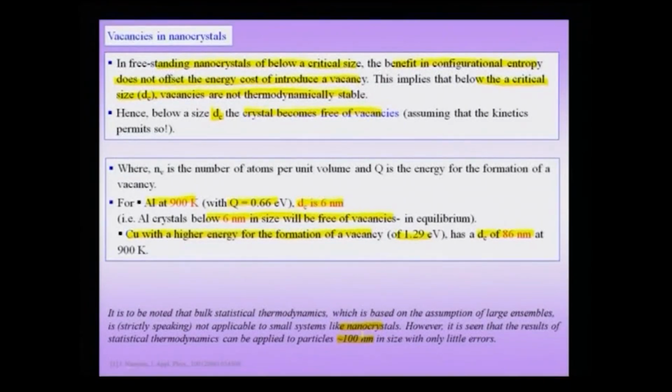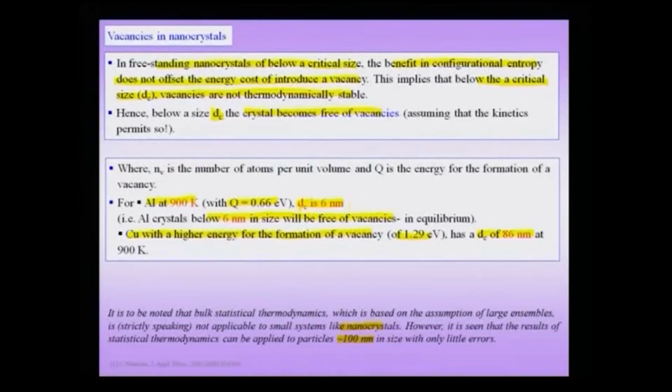The answer is obviously no, but it has been found that if you apply bulk statistical thermodynamics to even 100 nanometer crystals, the results are approximately true and reliable. But if you go down to very small sizes like about 6 nanometers, then the classical formulae cannot be used and they need to be modified for nanocrystals.